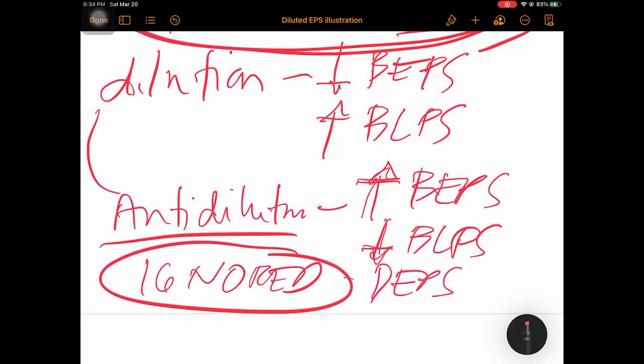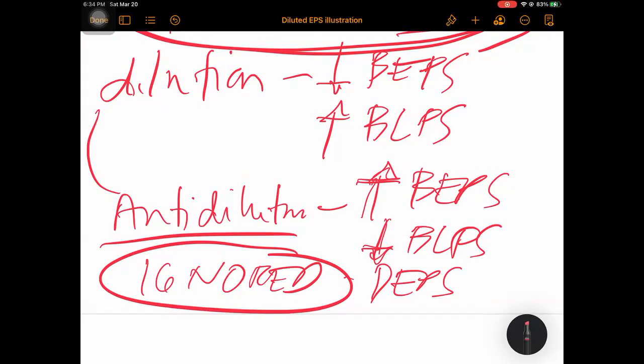So basically, ato lang i-include in the computation of diluted earnings per share are those dilutive securities, katong makapaubos sa value sa imong earnings per share. If dili makapaubos sa value sa imong basic earnings per share, then ignore that in the computation. Disregard, ayaw i-include in the computation of your diluted earnings per share.